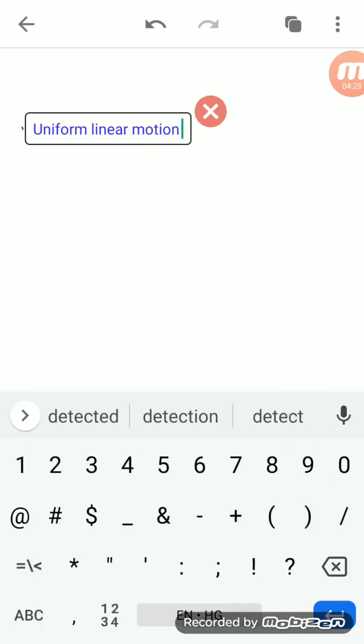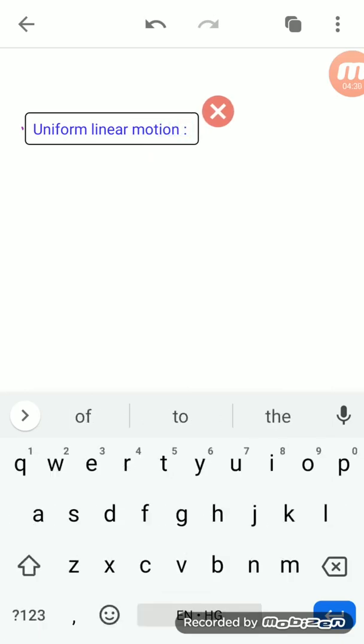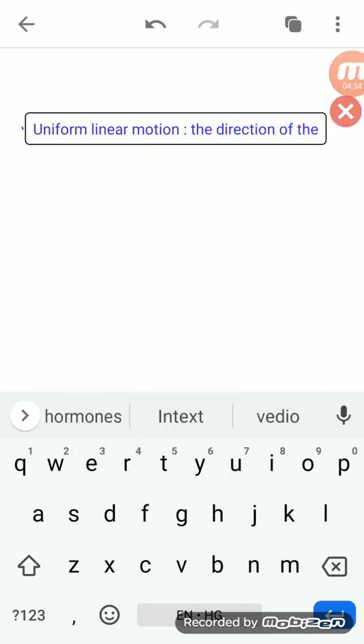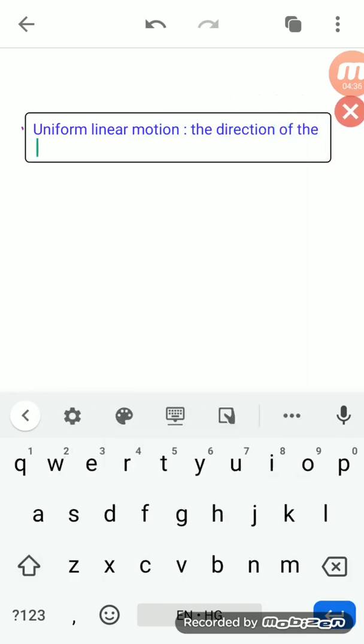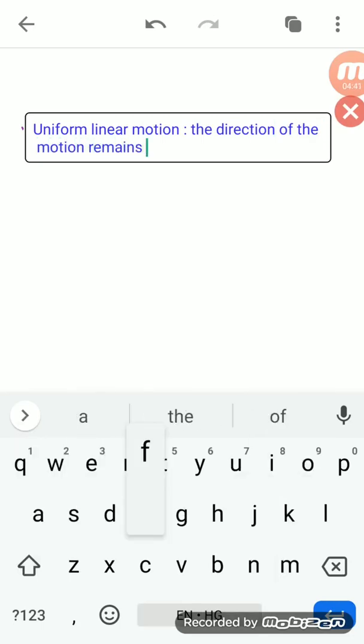In uniform linear motion, the direction of the motion remains fixed.